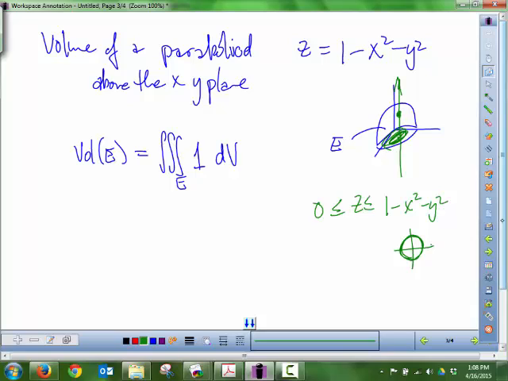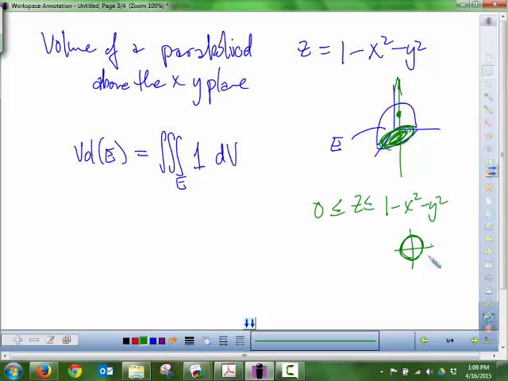It's usually the question. So how do we find the radius of that circle, where the paraboloid intersects the xy plane? Set z equal to 0, right? Because that's the xy plane.